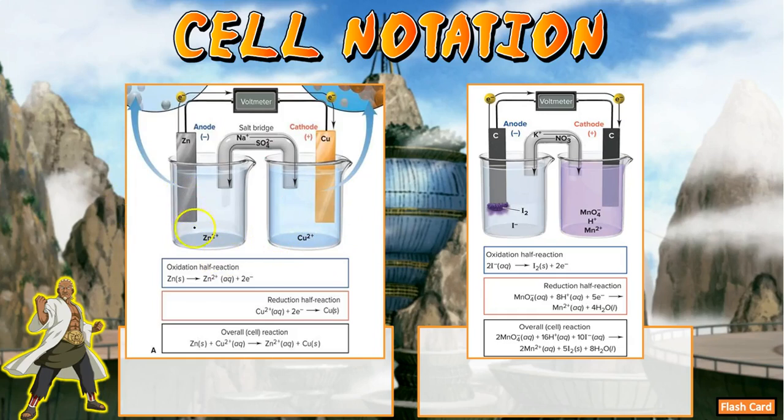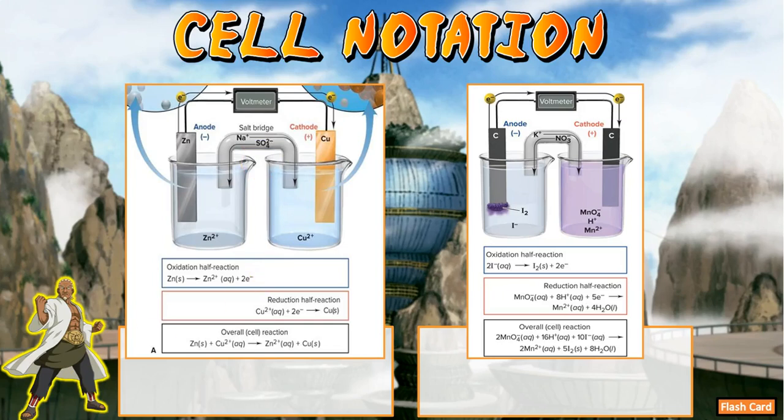There's going to be a single line that shows a phase boundary. So, for example, if I'm showing zinc solid here, and I'm showing zinc 2 plus aqueous here, there's going to be a single line that's going to represent the separation between these phases. Same thing here, copper 2 plus aqueous, and then we have copper solid. Next, you can write a double line to represent the half cells are being physically separated by a salt bridge.